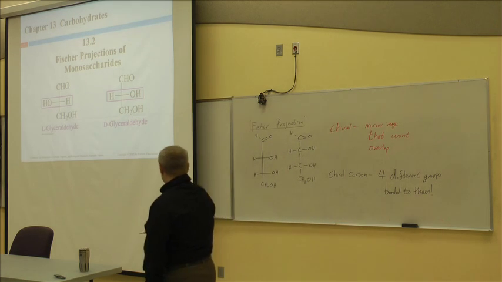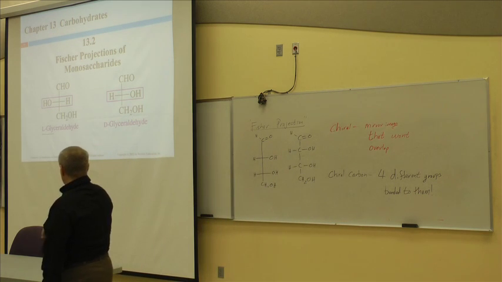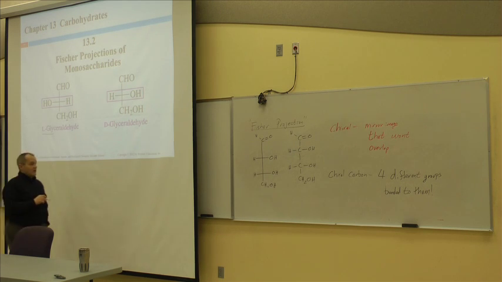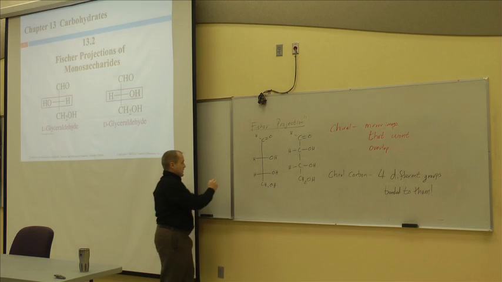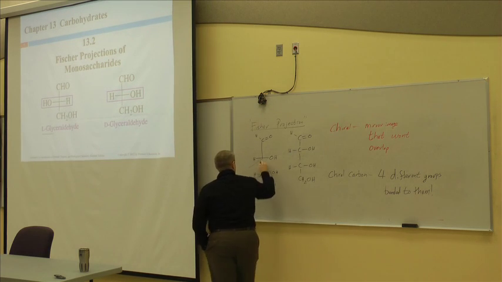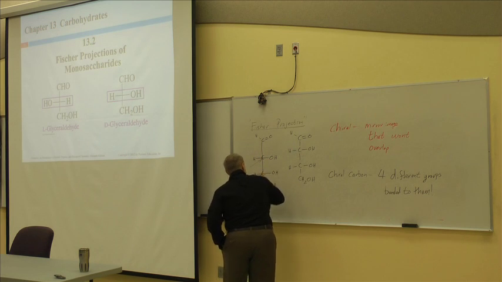So now, looking just at these 2 very simple sugars, each one, the one on the left and the one on the right, has 1 chiral center. And on a Fisher projection, the chiral centers are always the crosses. So right here is a carbon, and right there is a carbon.